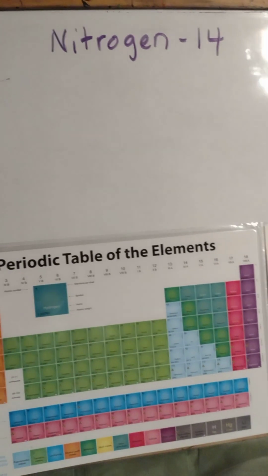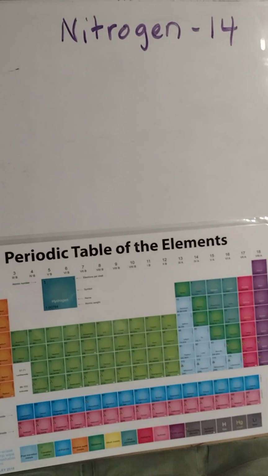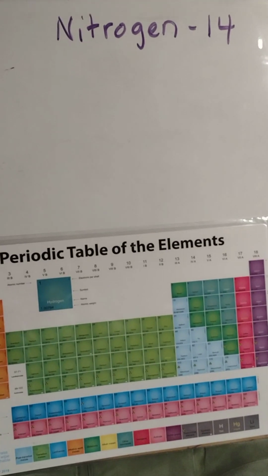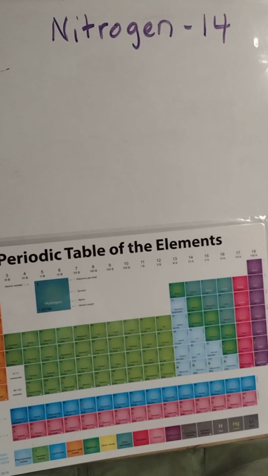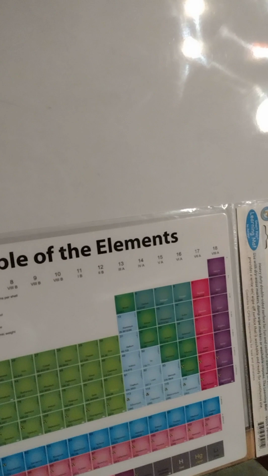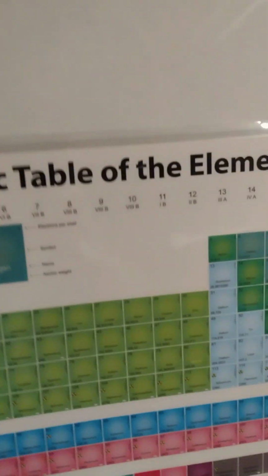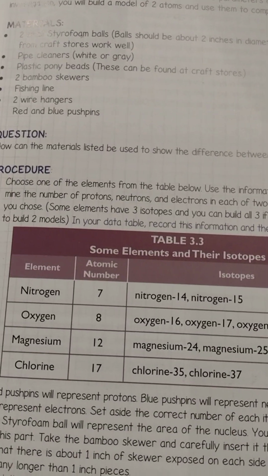When we go to do our experiment 3.1, I want you to know how to build your isotopes. So let's build this nitrogen atom right now. If I can get it to focus, we're going to find nitrogen on the table of elements. What does it say? An atomic number of 7.